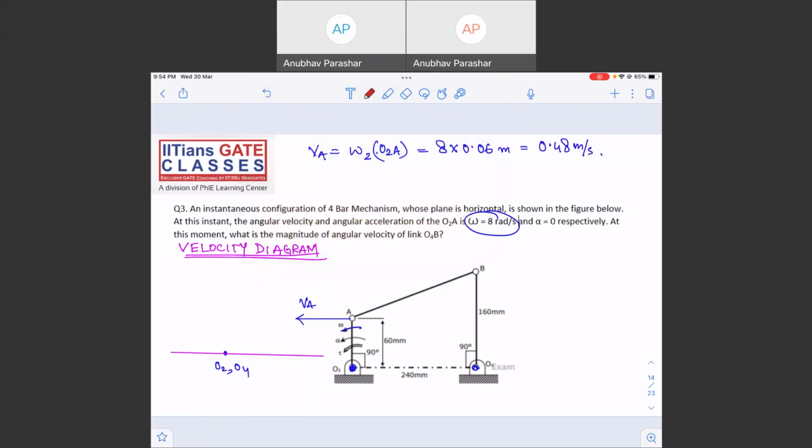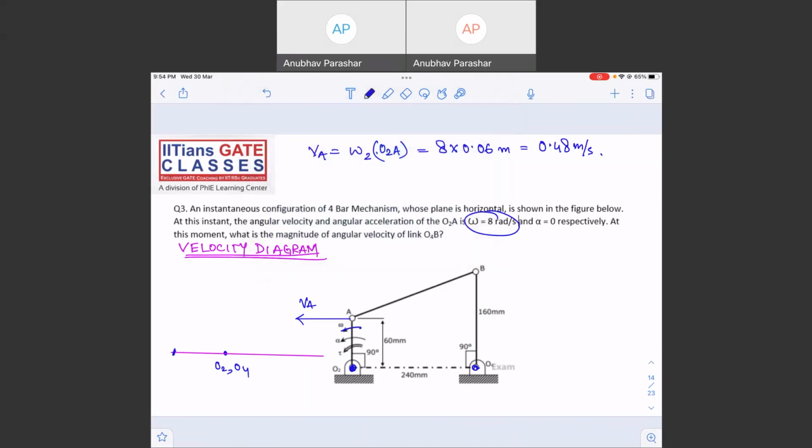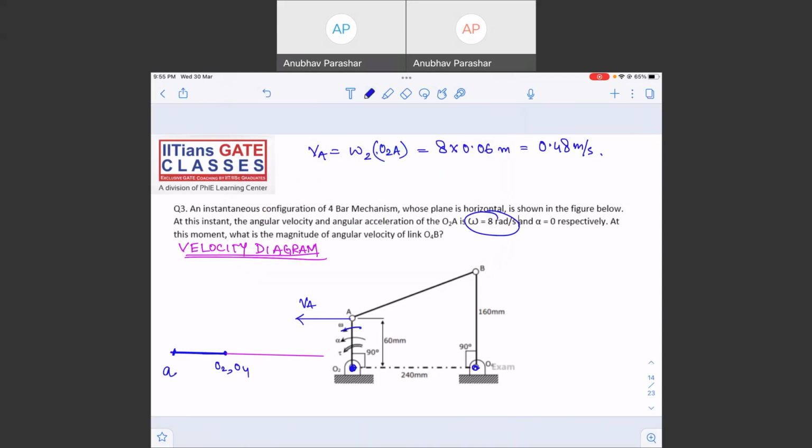Let me say the velocity of point A is somewhere here. This is point A. Right? And this is the velocity of point A. This is VA.